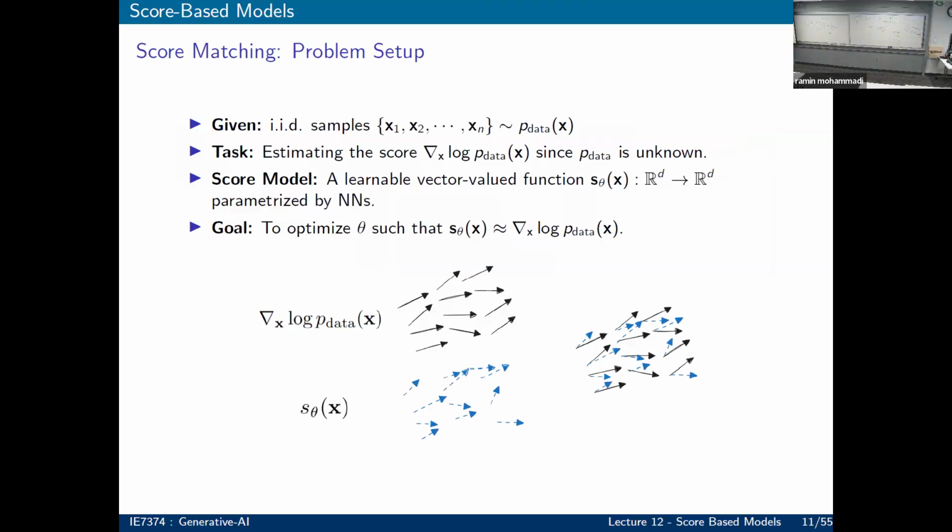Imagine on top, the black arrows are the actual gradient of log P data, the real one. The one on the bottom is the score function that you have, and the blue arrows are the gradient vectors that you found using S theta.